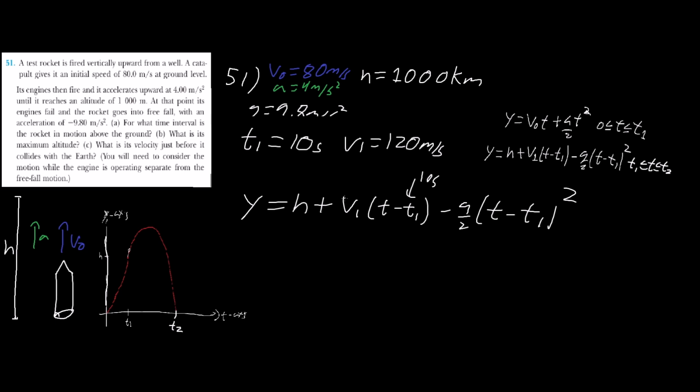So from here, the only unknown is t. What you guys could do is FOIL this and simplify and turn this into a quadratic formula, which looks like a mess, or you could straight up do the quadratic formula. So I'm going to define this to be at t2, specifically when the position here is 0 meters. So actually, let's put this on the side here just to make it nicer.